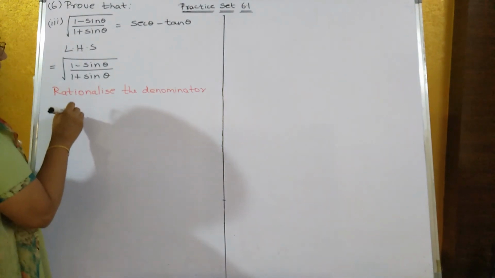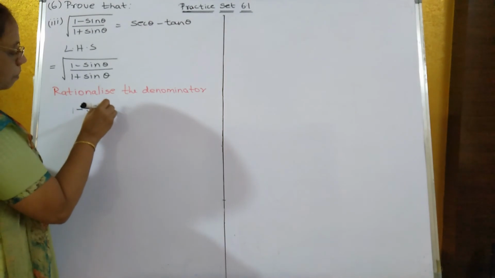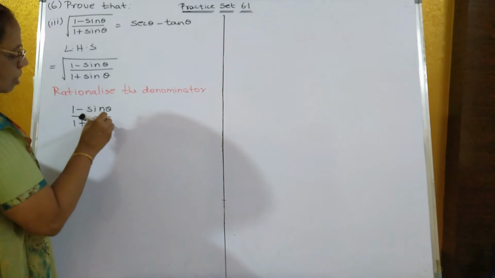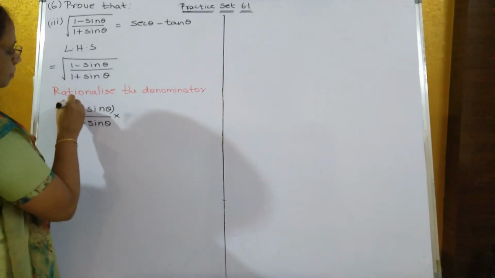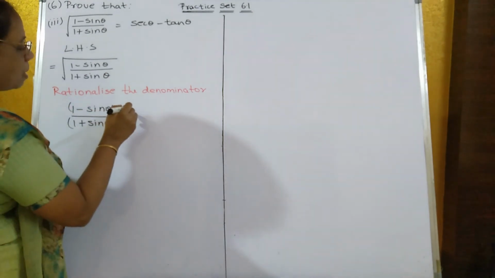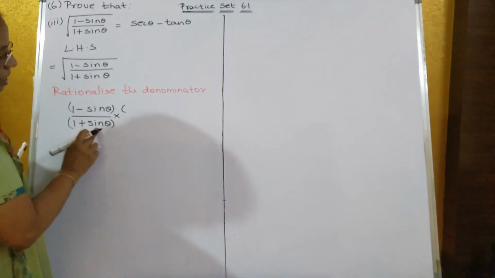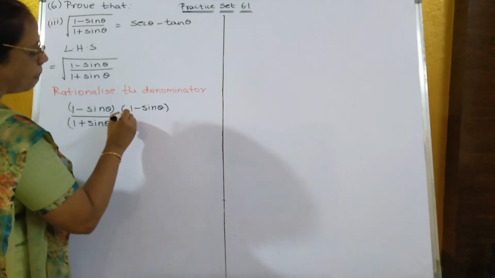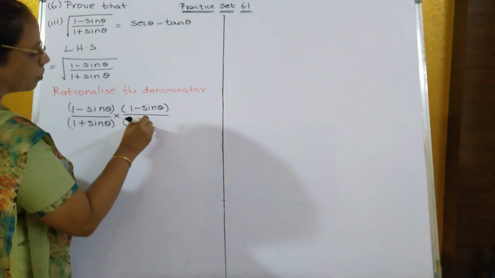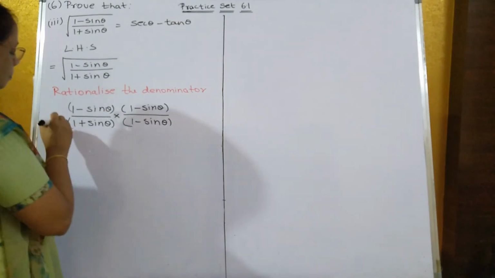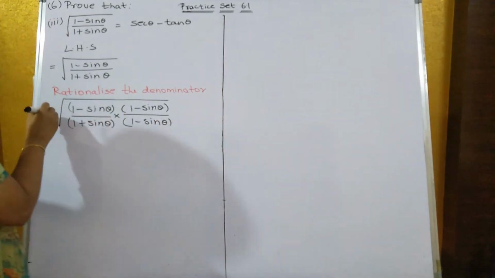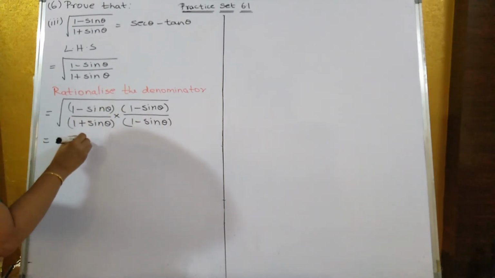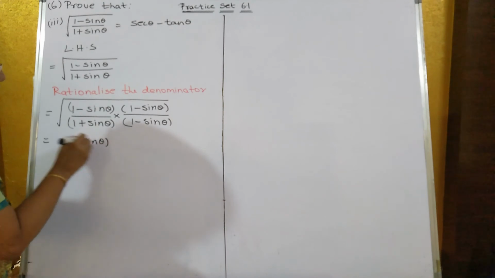So the question is 1 minus sin theta upon 1 plus sin theta. Multiply in the numerator and the denominator by opposite of this. Opposite of 1 plus sin theta is 1 minus sin theta. So that is equal to, now 1 minus sin theta, 1 minus sin theta will become 1 minus sin theta the whole square.